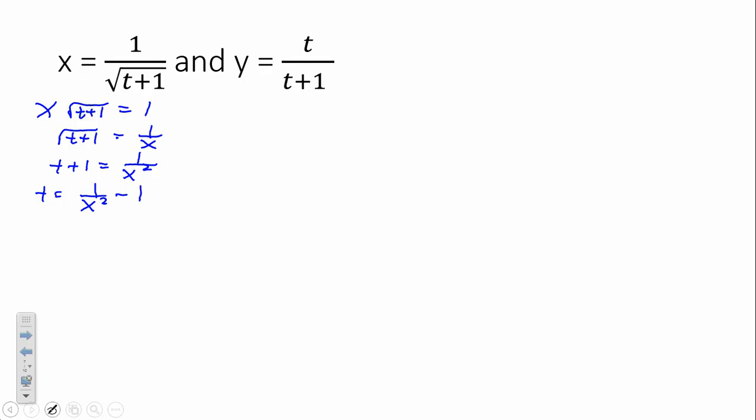If you had worked the other way, you'd have to cross multiply. So y times t plus 1 is t. So yt plus y equals t. Get the t's to one side, factor it out, and away you go. So they both work. This one is not really advantageous to go one way or the other. Okay? So everybody okay with the t using this one? The x?